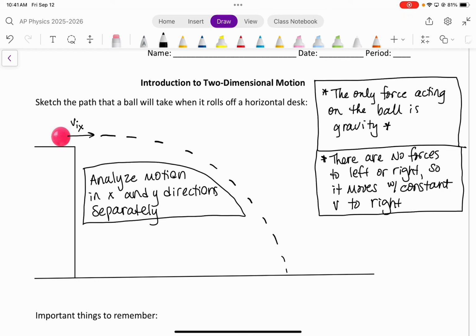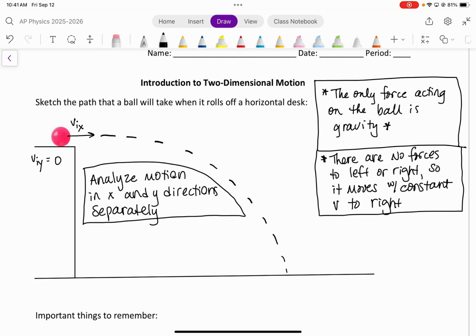It's all to the right. I can also say that its initial velocity in the y direction is 0, because until it leaves the table, it is not moving up or down. It is not crashing through the surface of the table. It is not levitating above the table. So its initial velocity is only to the right, right?